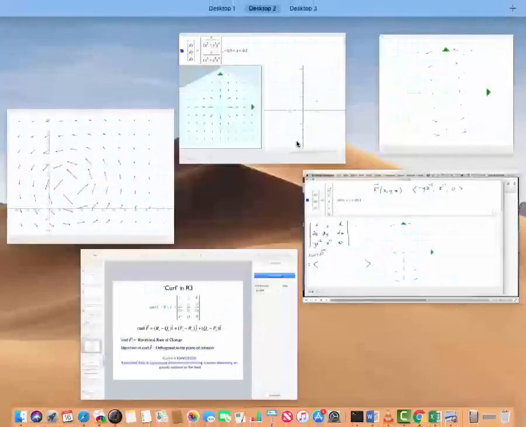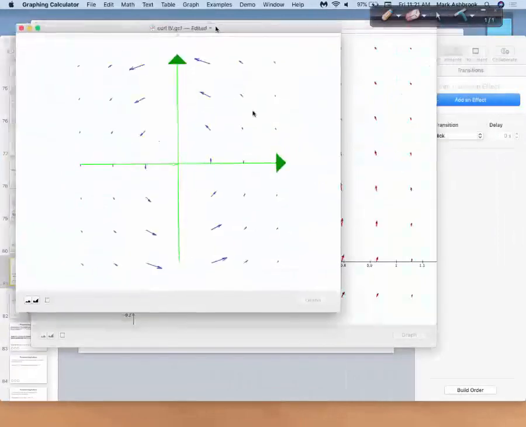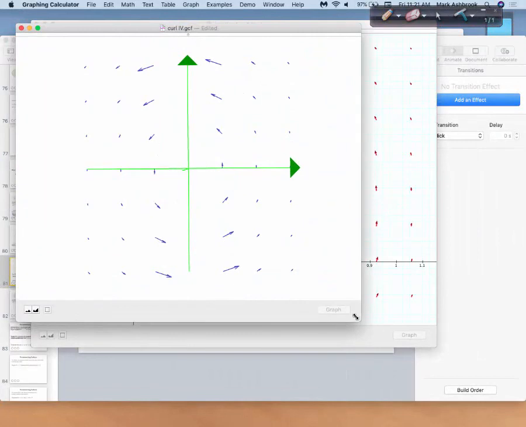Okay, let's look at this one. So here's a vector field that shows the same kind of global counterclockwise rotation. So what's the curl?